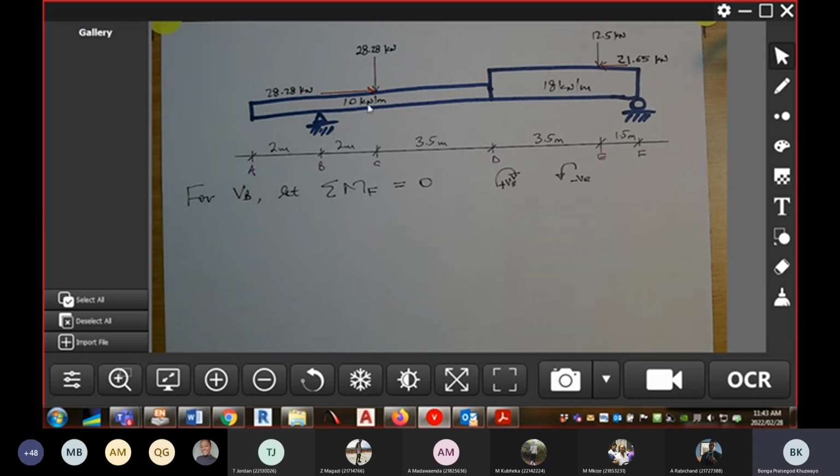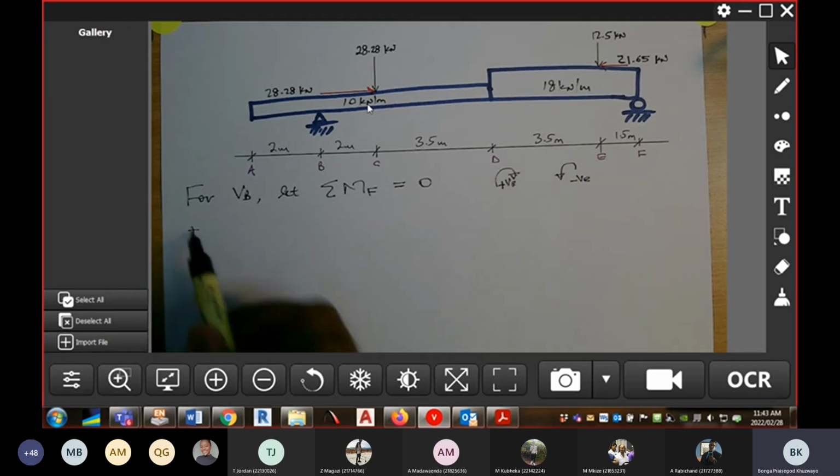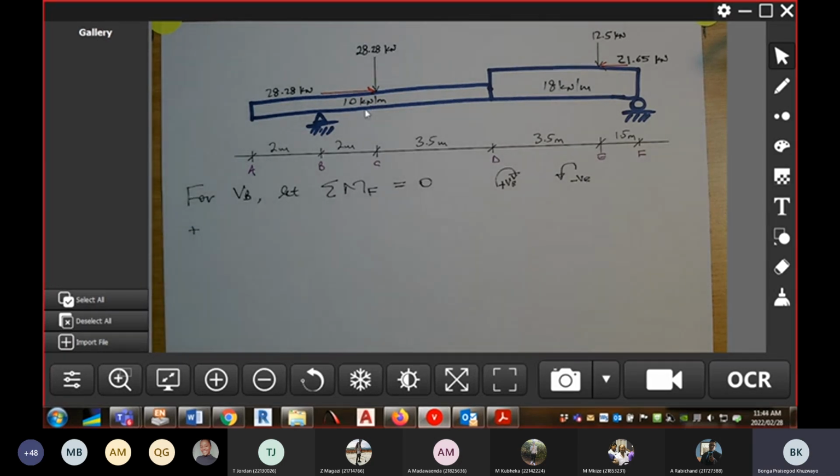Okay, and then what is the lever arm? I would like to get these answers from you. This is the last one we're doing now. So if you're ready to give the answer, you can just unmute your mic and tell me. Right. So for VP, what is the lever arm for VP?